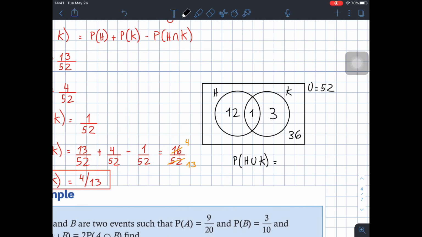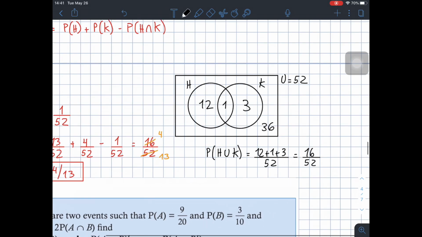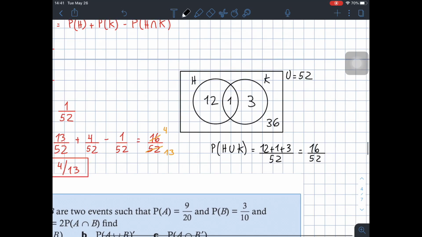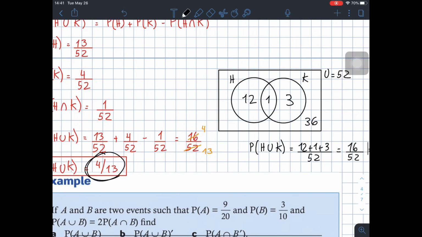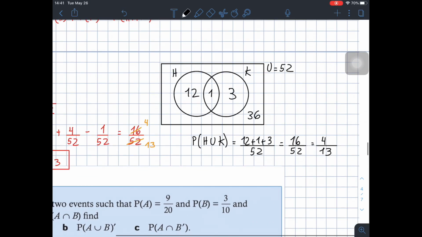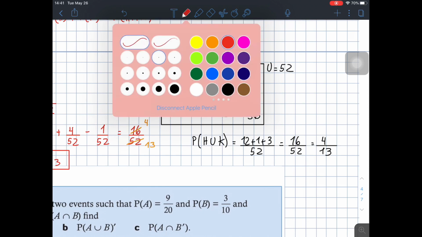So this is 12 plus 1 plus 3 divided by 52, which is equal to 16 out of 52, which if we simplify will give us 4 out of 13, exactly the same result we got here. So that's another way you could solve this type of exercise.